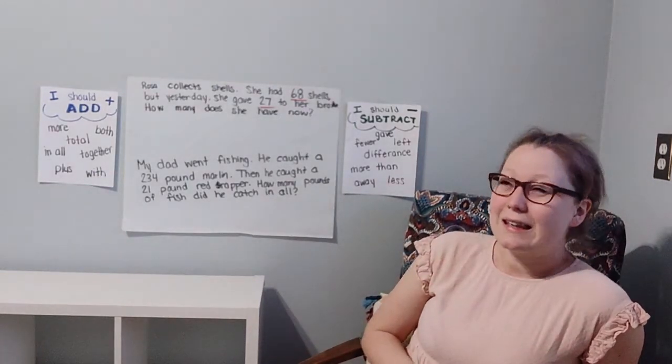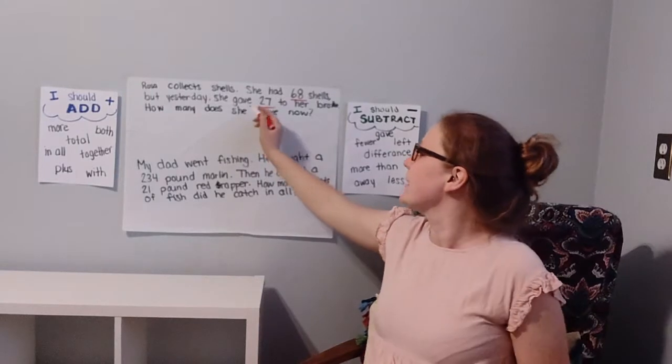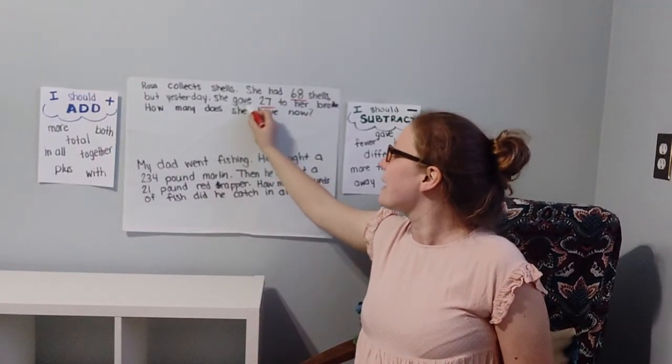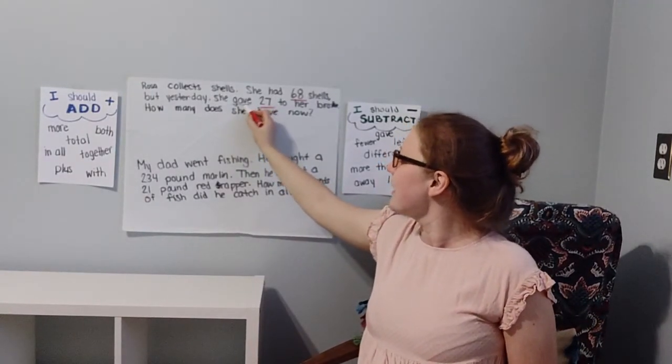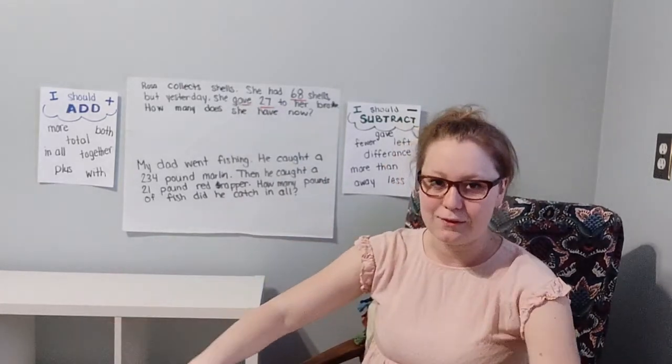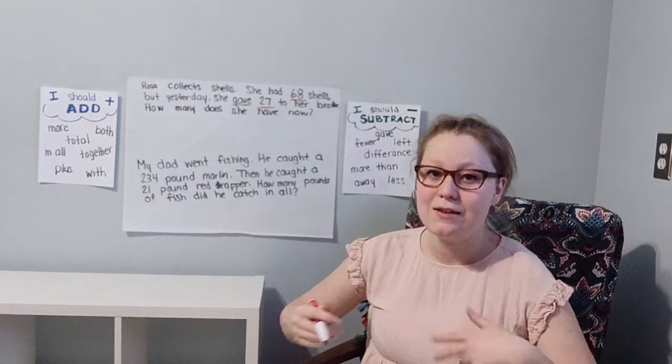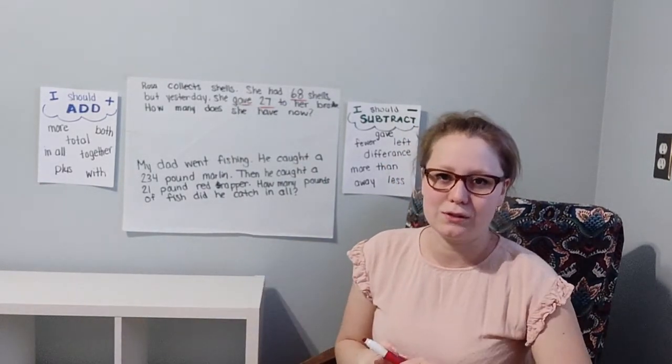So our key word here is that she gave. She didn't keep, she didn't get, she gave some away. If you give something away, you have less than what you started with.